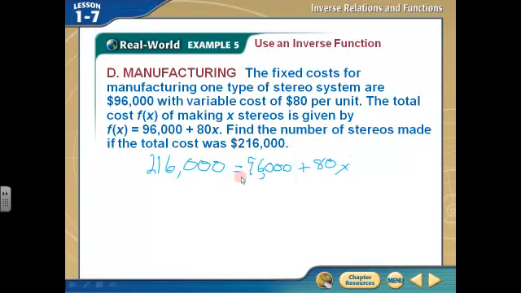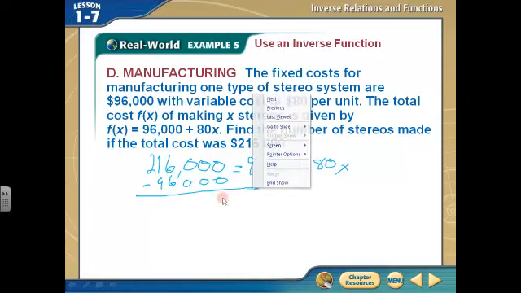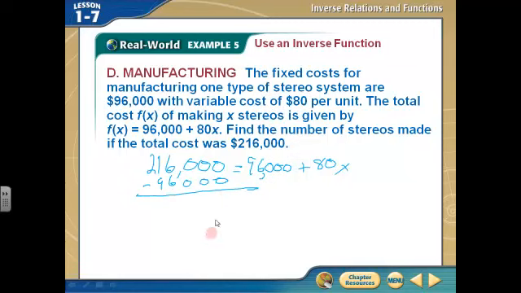So subtracting 96,000 from both sides gives me 120,000 equals 80x.